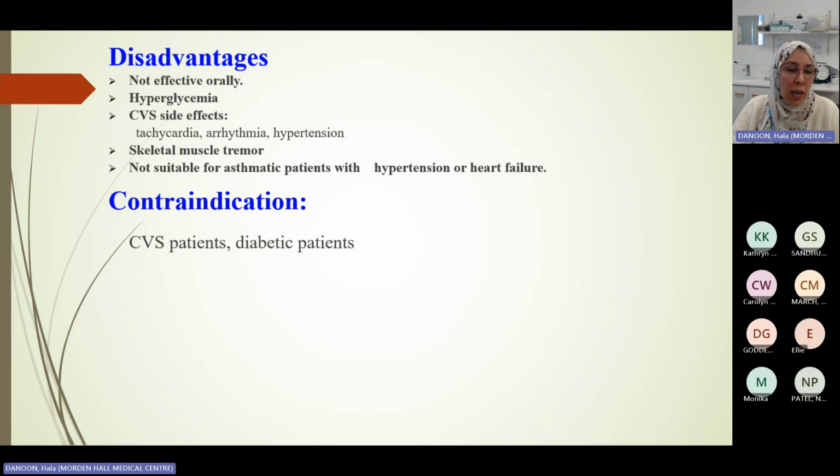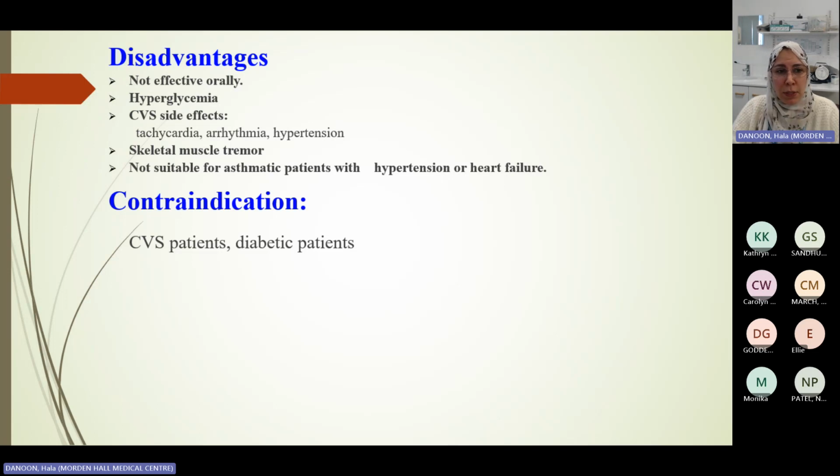It can cause hyperglycemia. If you look at the fight and flight response in the body, there's hyperglycemia because we allow the release of cortisol, which will then cascade into the release of sugar into the blood. So that's a problem for diabetic patients. It can also have cardiovascular side effects like tachycardia, arrhythmia and hypertension.